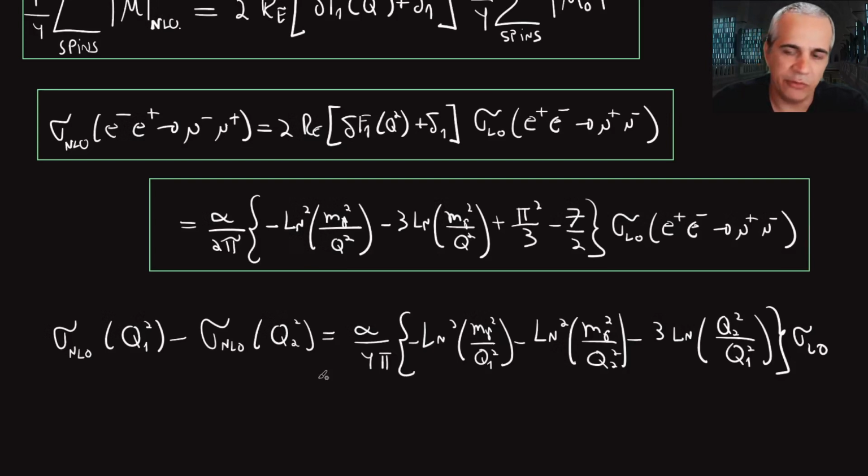Specifically, you could calculate the chance for emission of a very soft photon, right? Just take, instead of producing electron positron going into mu minus mu plus, just think of mu minus mu plus plus an extra photon, which was very soft.